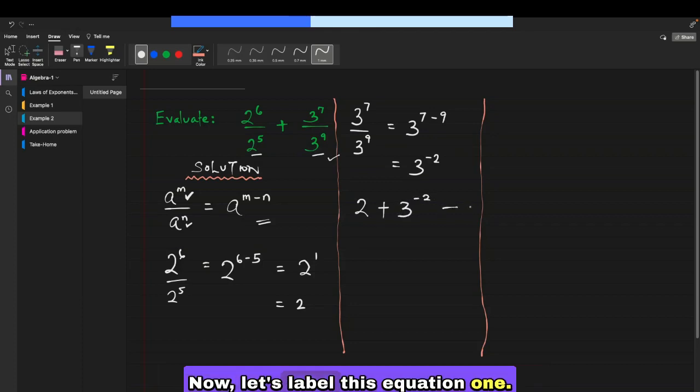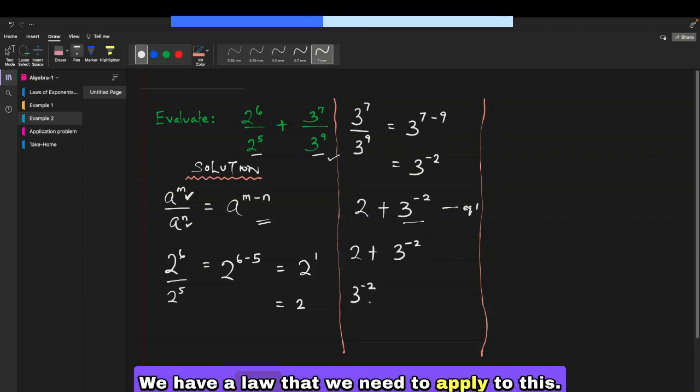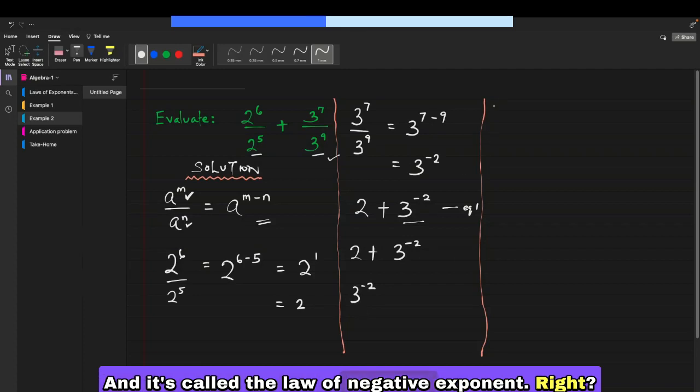Now, let's label this equation 1. We'll come back to equation 1. So now we need to resolve 2 plus 3 raised to the power minus 2. Let's resolve 3 raised to the power minus 2. We have a law that we will need to apply to this, and it's called the law of negative exponents.